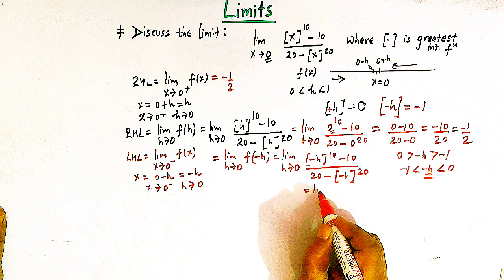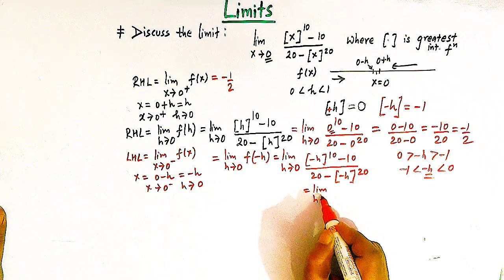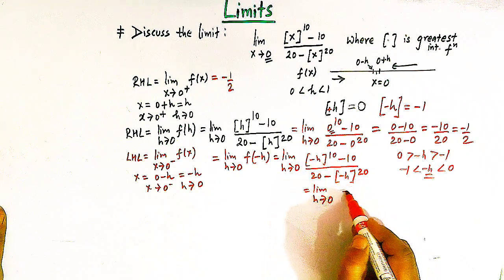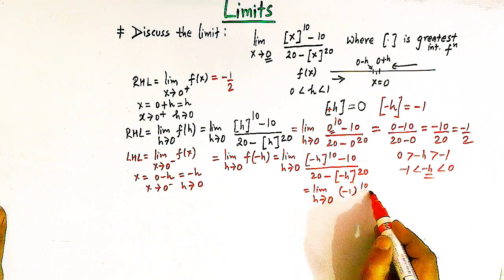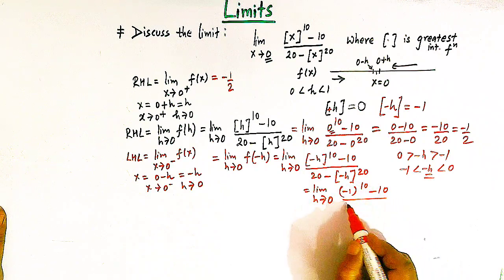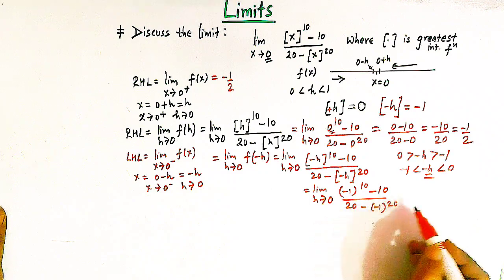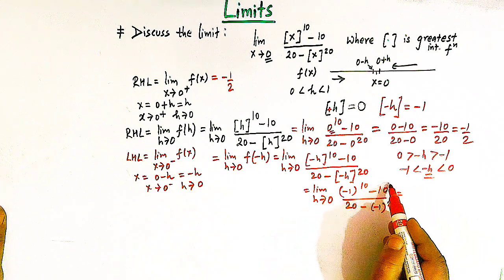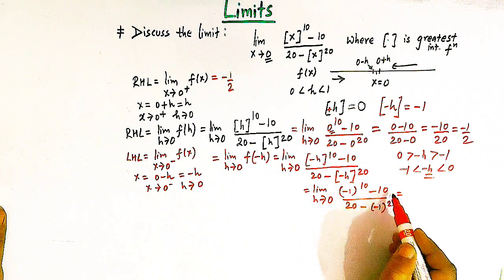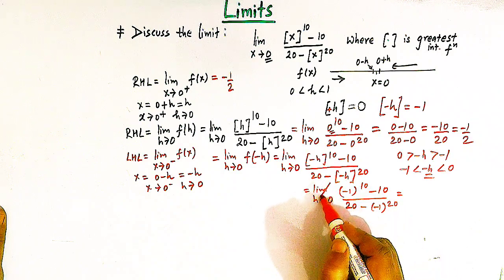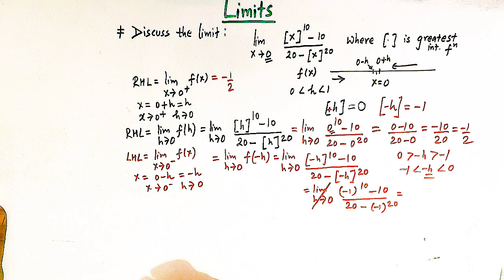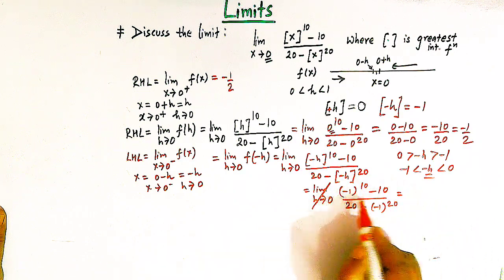So we have here limit h tends to 0, minus 1 raised to 10, then minus 10, then 20 minus minus 1 raised to 20. Since this expression doesn't contain h, we can remove the limit notation, and we are left with only this expression containing numbers.